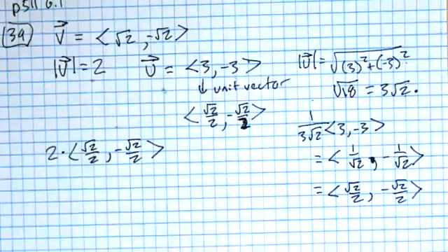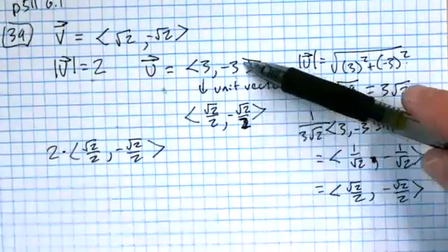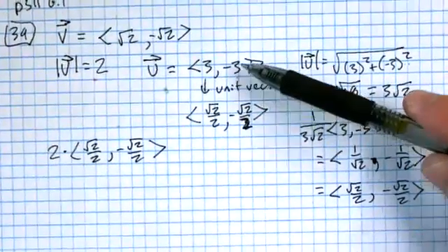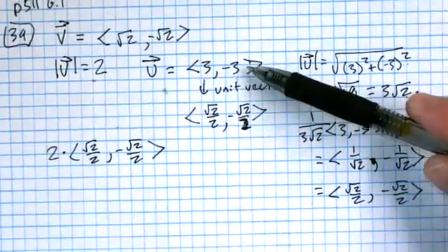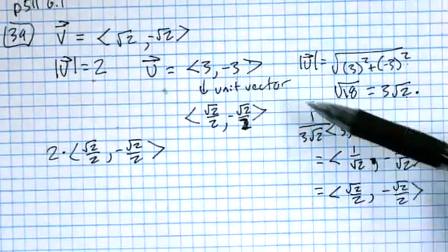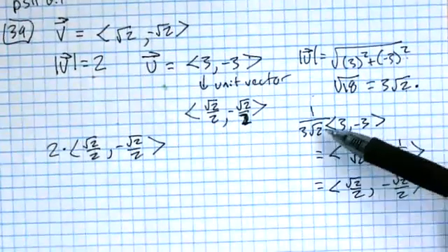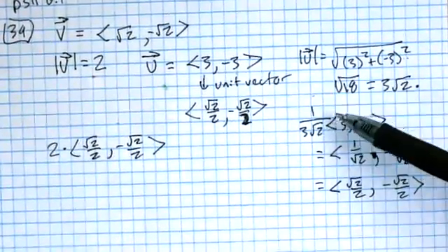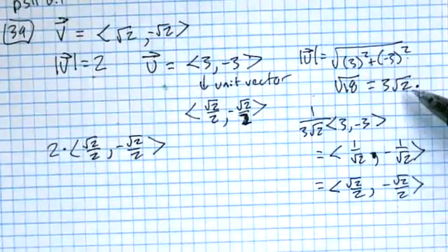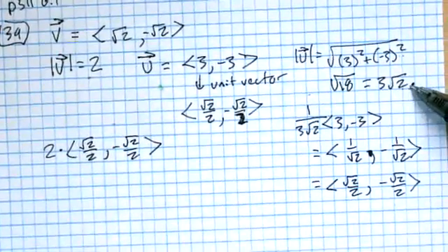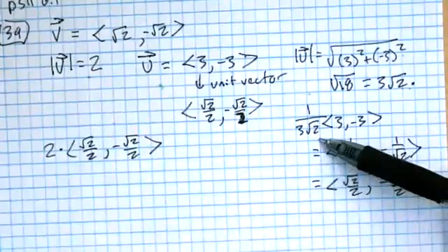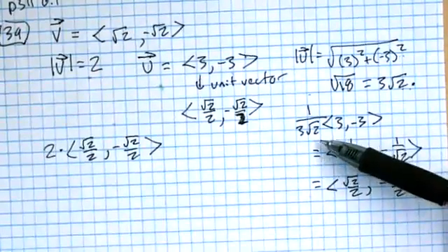So I'm going to divide this vector by the length of this vector. That'll make its length into 1. So I'm dividing by 3√2, which I'm accomplishing by multiplying by the reciprocal. Okay, so its length was too long. I wanted the length to be 1, so I'll divide it by the length, and then the length will be 1. Does that make sense? Does that answer your question?